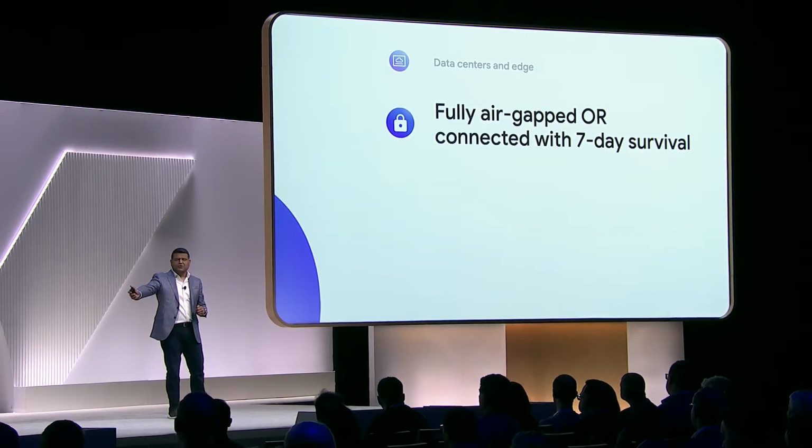One is fully air-gapped. So this is a complete cloud that requires no connectivity into the internet or to Google Cloud to operate. Another mode is connected. So it shows up in Cloud Console as a zone that you manage through Cloud Console. It uses Cloud IAM, et cetera. And that mode, if you have intermittent WAN connectivity, can survive up to 7 days with no connectivity.